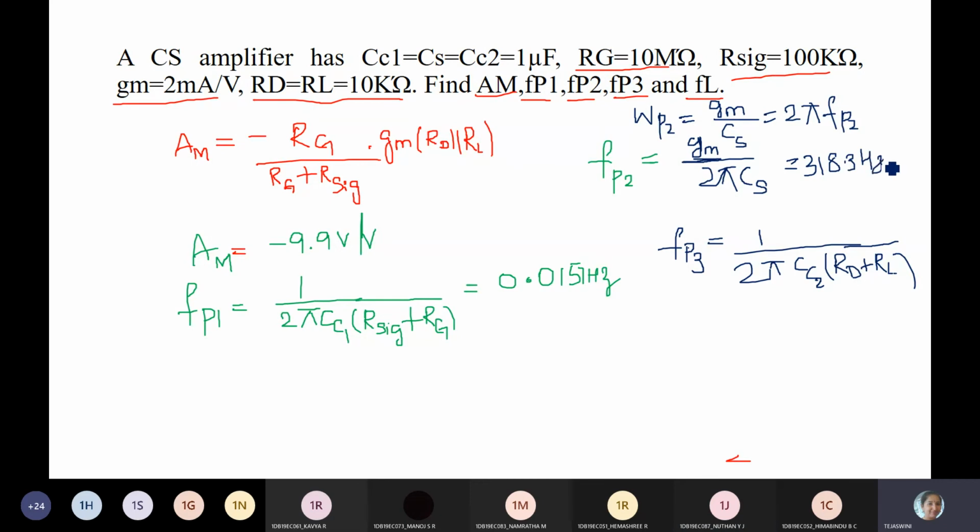Okay, what about FP3? 7.957. Is correct.